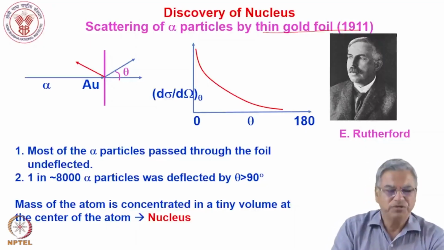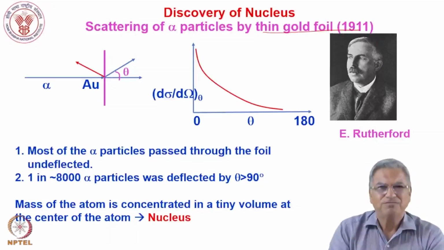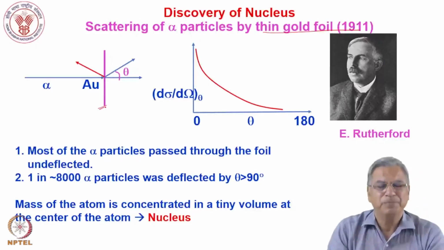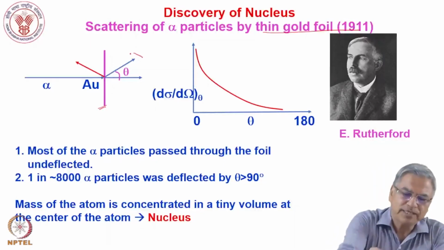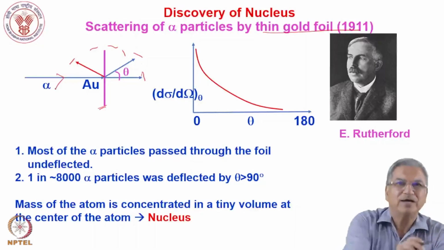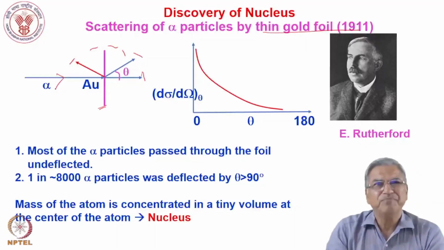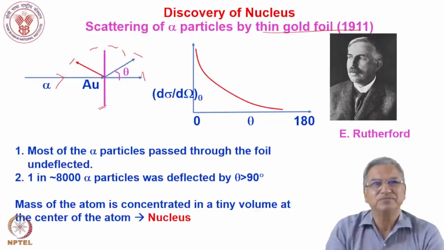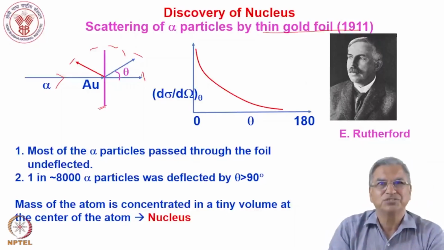So what Rutherford did was, alpha particles from a polonium isotope in vacuum were bombarded onto a very thin gold foil, and then he put detectors at different angles with respect to the initial alpha beam direction and measured how the alpha particles are scattered at different angles.